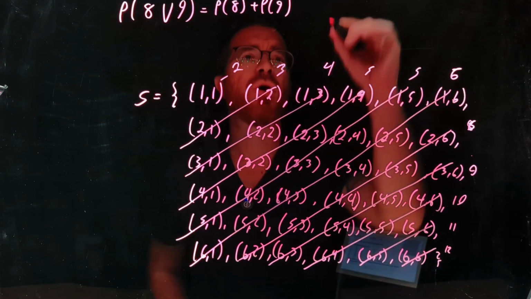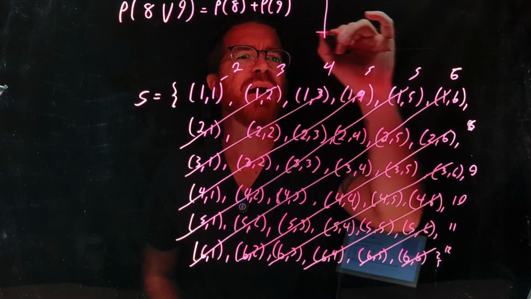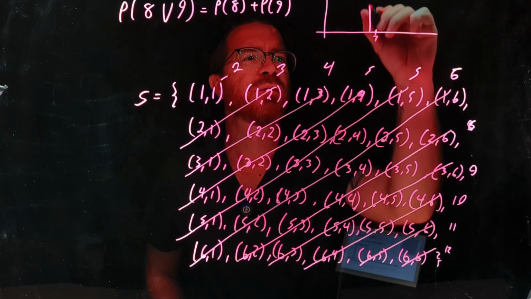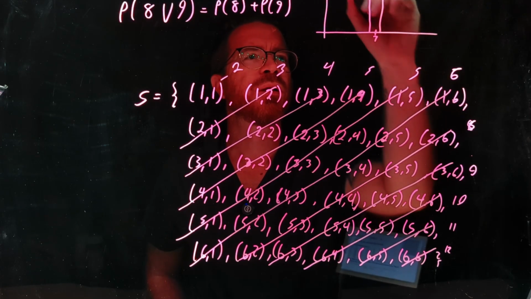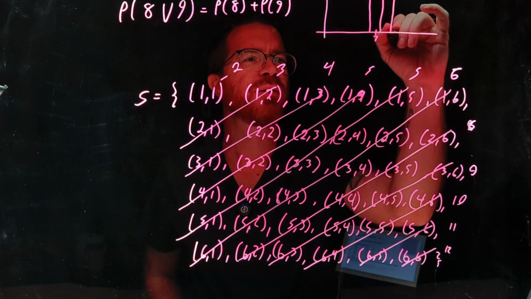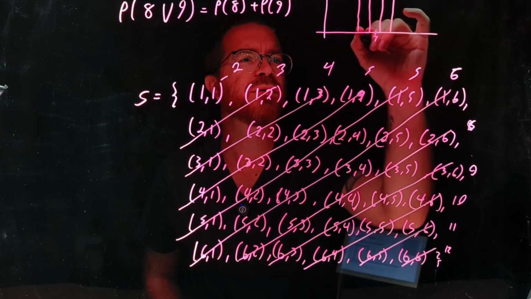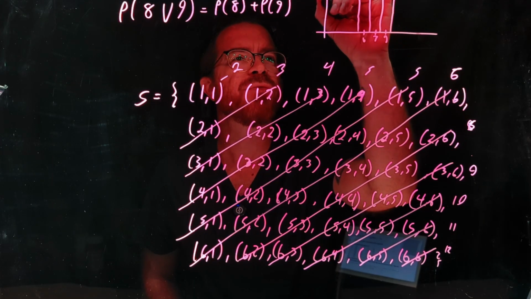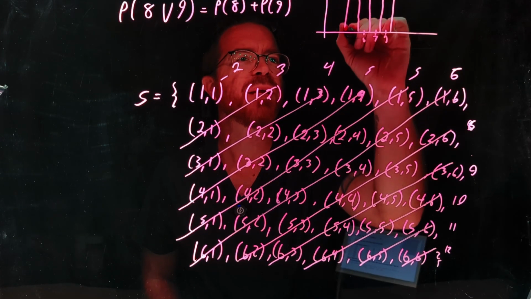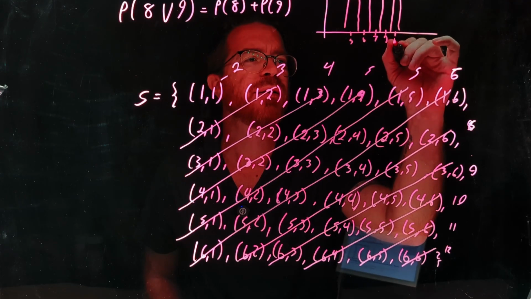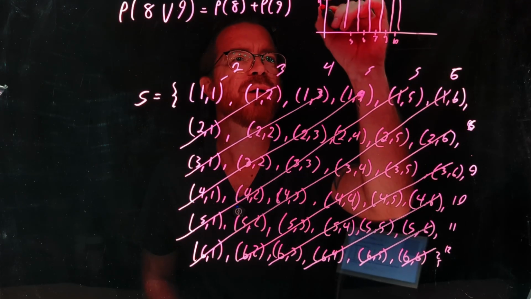In fact, if we were to draw a little graph to represent this, if 7 were at the middle, this would have 6 outcomes. And then going out from there to 6 or 9, there would be 5 outcomes. Going out from there to 5 and 10, there would be 4 outcomes.